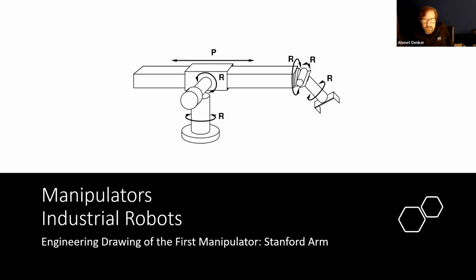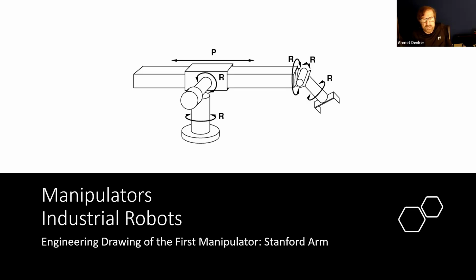It can move in 3 directions, X, Y, and Z, and it can rotate about these 3 coordinates, X, Y, and Z. In other words, an aircraft in air, or any object in air, can make 6 basic motions.